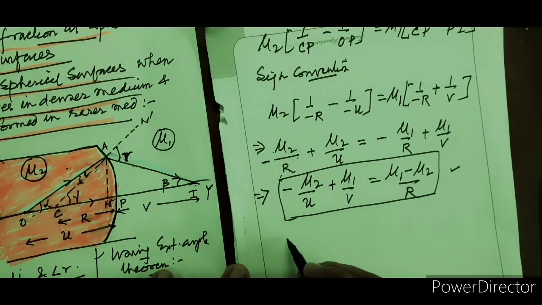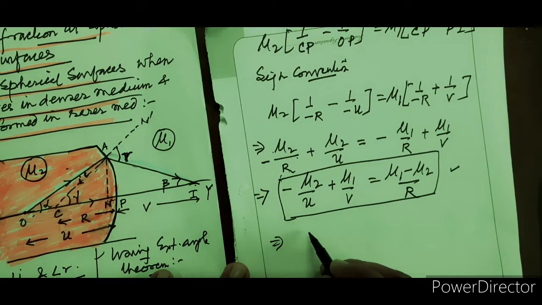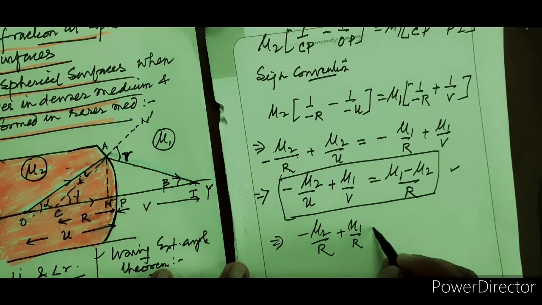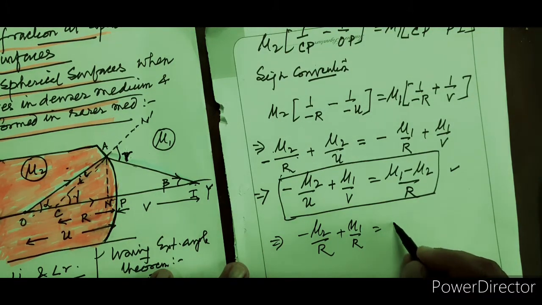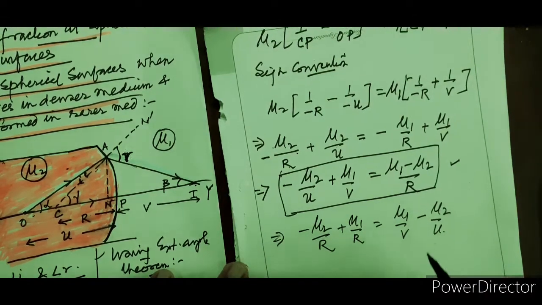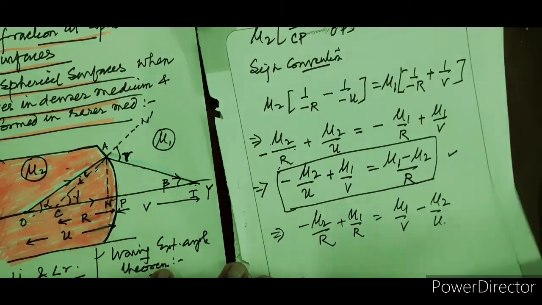If you are not able to understand, we can write minus mu2 by R plus mu1 by R is equal to mu1 by v minus mu2 by u. This whole thing we can write in this manner.